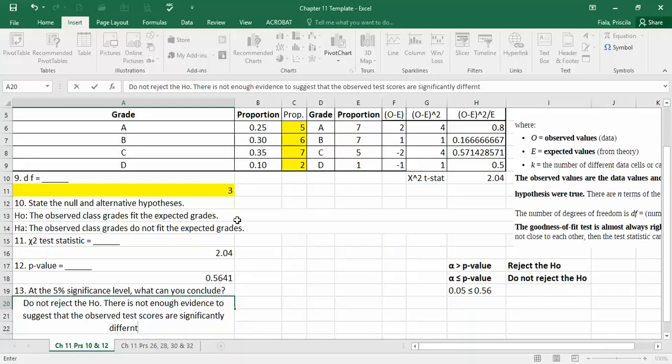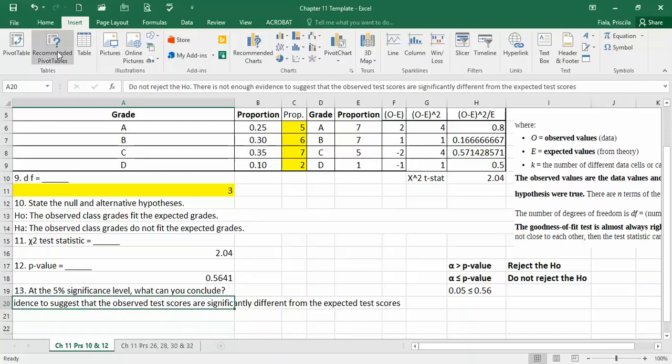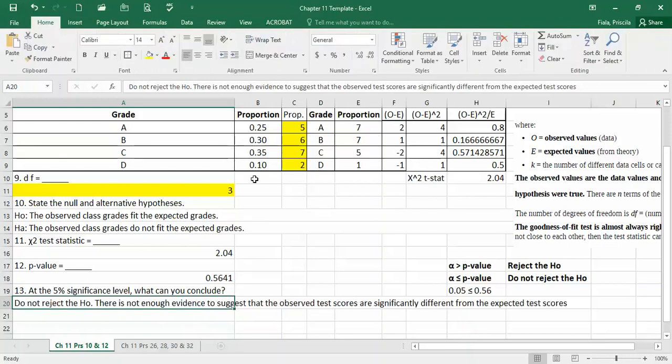Something's not right there, is it? No, it is right. Different from the expected task force. So do not reject the null hypothesis. The observed class grades fit. Well, it's not that much that we can reject it.